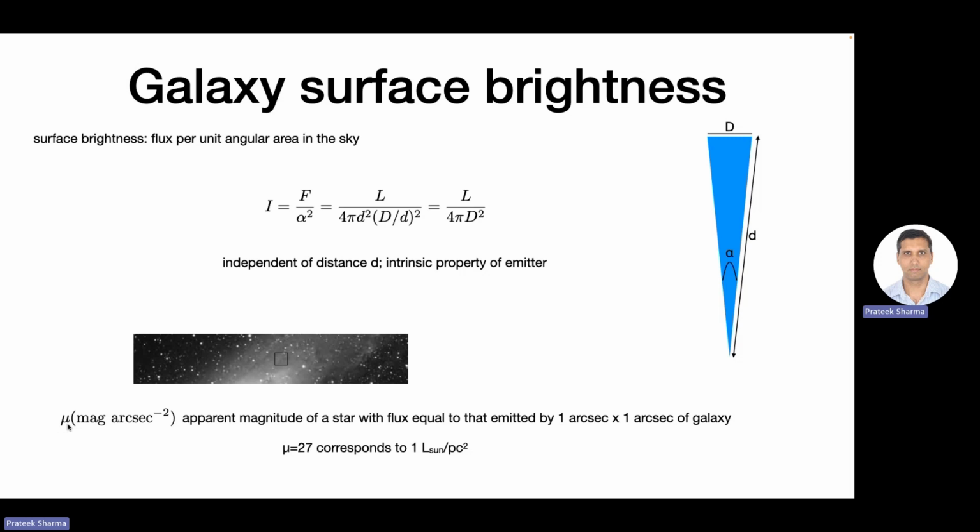If you take a star with the same apparent magnitude and spread that light over an area of 1 arcsecond by 1 arcsecond, the surface brightness is equal to this in magnitude per arcsecond squared. We'll try to get a little feel for this when I write some. It's good to remember that mu of 27 magnitude per arcsecond squared corresponds to 1 solar luminosity per parsec squared. And we'll see how.